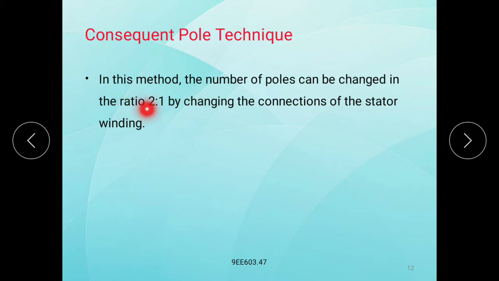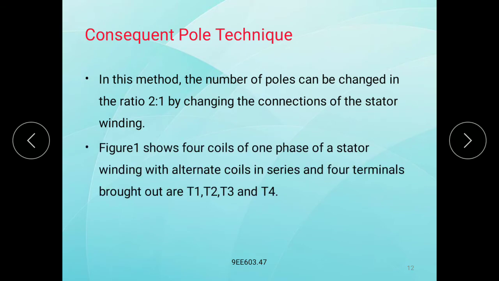Figure 1 shows 4 coils of one phase of the stator winding with alternate coils in series, and the 4 terminals brought out are T1, T2, T3 and T4.